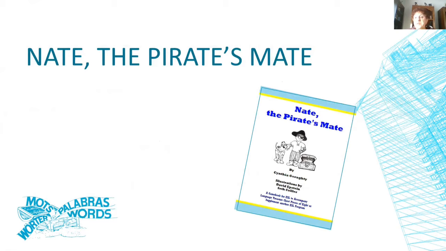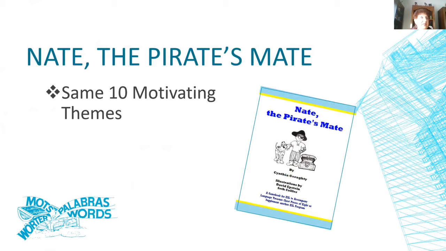The second program is called Nate the Pirate's Mate. We introduced him a little bit earlier. There's our captain, that's you. And then we have the Pirate's Mate and the Treasure Chest. This is a book that has the same 10 themes, all 10 themes in one book.